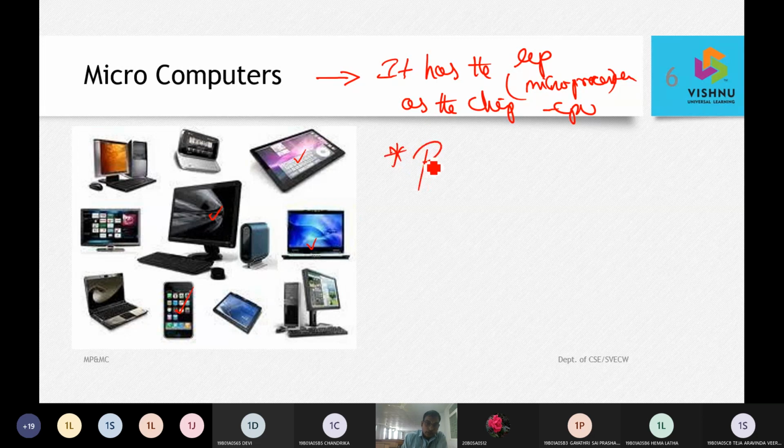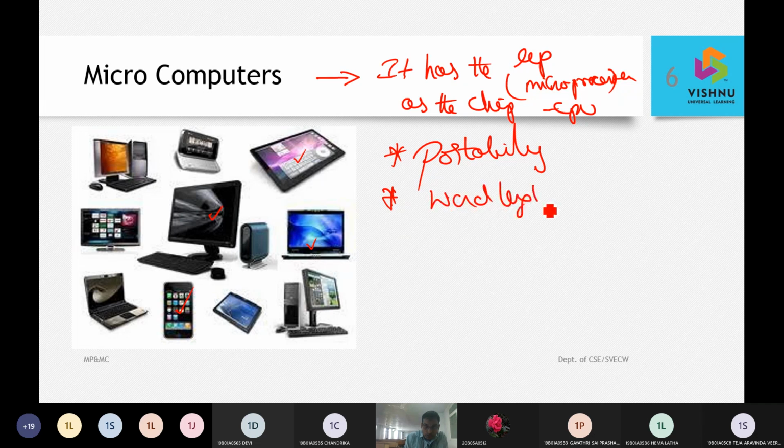The only advantage was portability, which it brought into the evolution. And of course, another advantage was the word length.